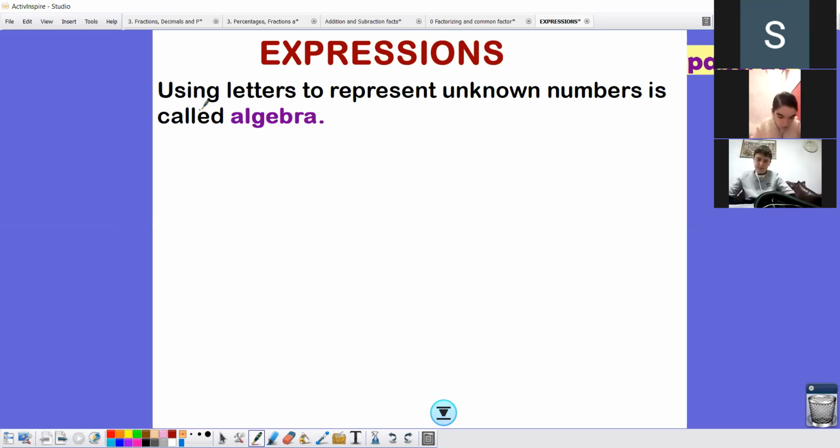Using letters to represent unknown numbers is called algebra. You can write this, okay?